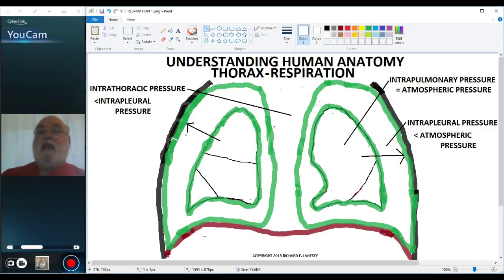So if we expand the body wall, make the thoracic cavity larger, the pleural cavities will enlarge.